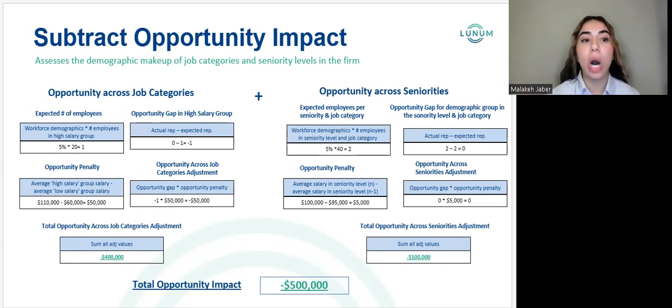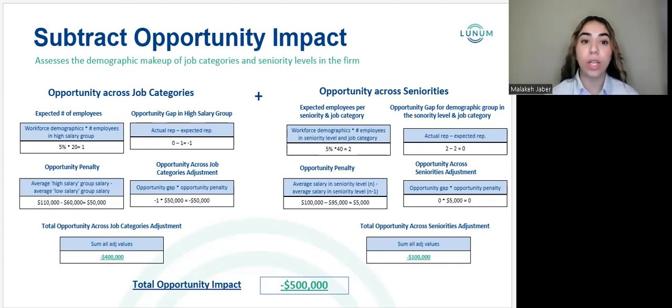Now that we've calculated the opportunity across job categories, we can then calculate the opportunity across seniorities. So you'll see that this follows a similar scheme, except in this instance, we're taking a look at seniority levels as opposed to job categories. For the opportunity across seniorities, the first step is to calculate the expected employees per seniority and job category.